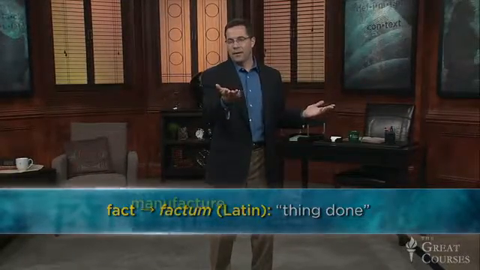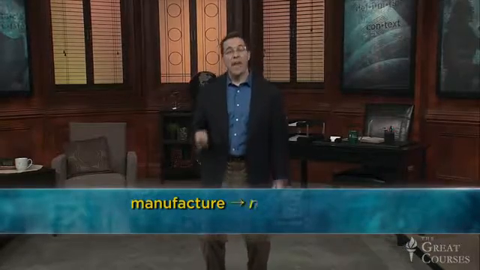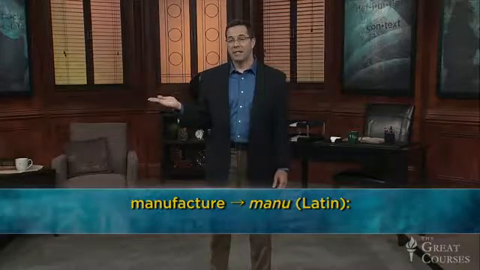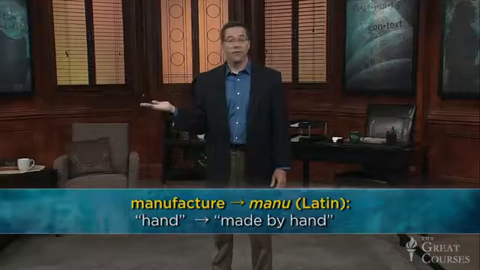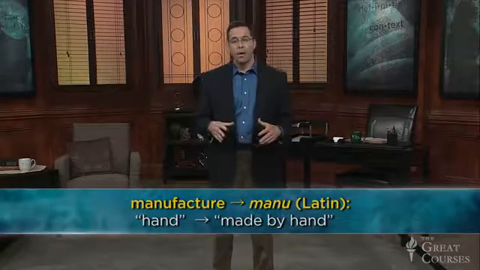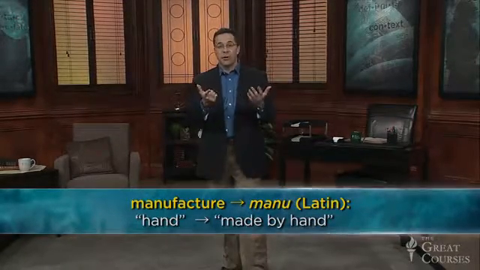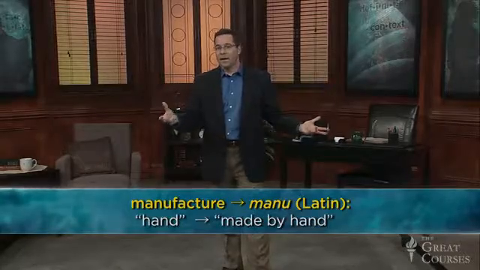It's a fact. Manufacture. The M-A-N-U in manufacture is the Latin word for hand, as in the phrase manual labor. So something that is manufactured is literally made by hand, not something found in nature. You can see how fact and manufacture share the same core meaning of do or make.